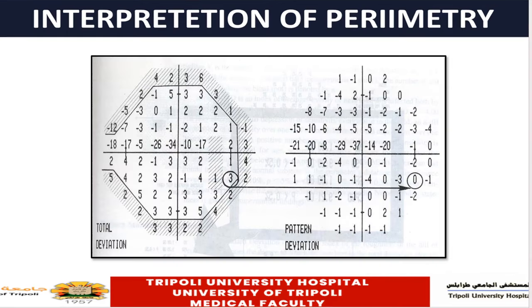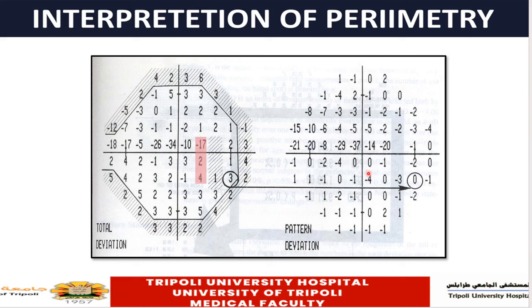In this slide, I will try to explain how we extract the pattern deviation plot. This is the total deviation plot for the 24-2, and the dashed line is for the 30-2, and this is the pattern deviation plot.